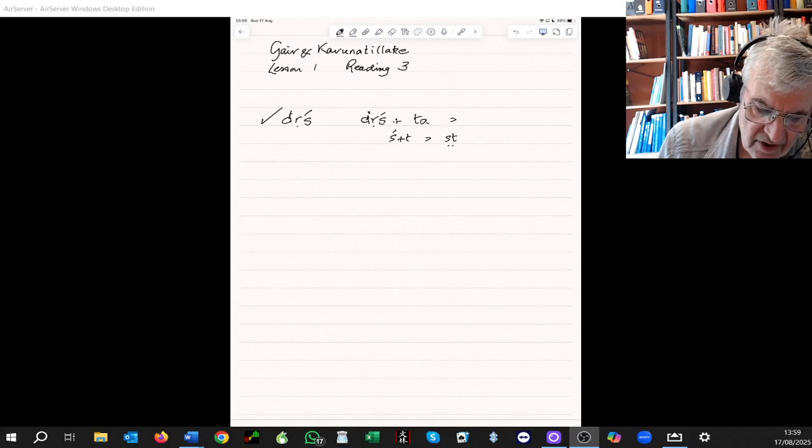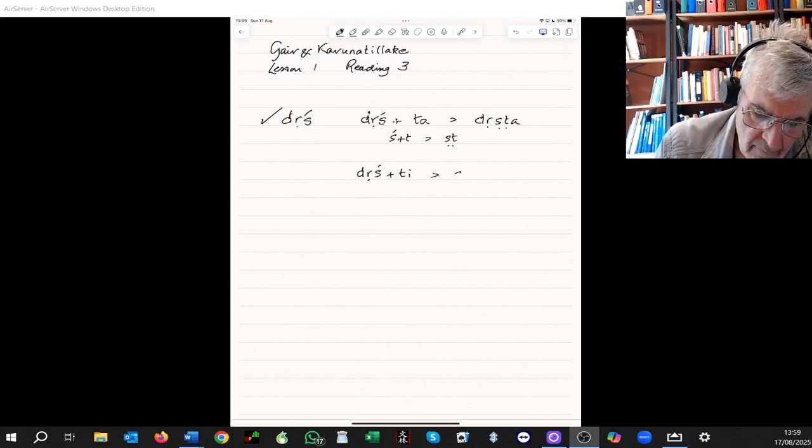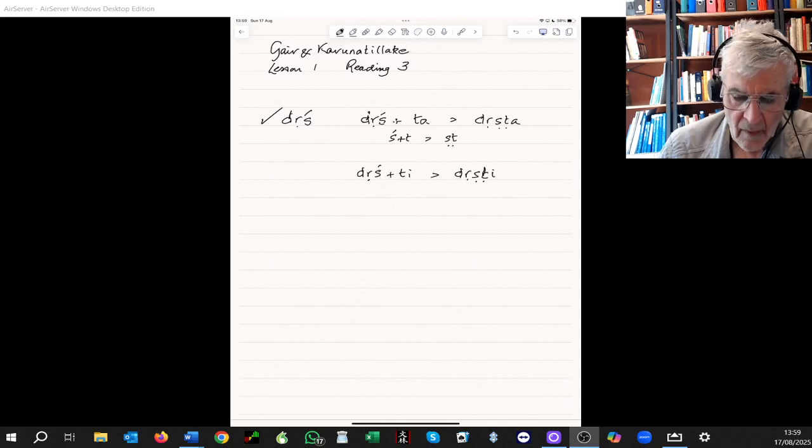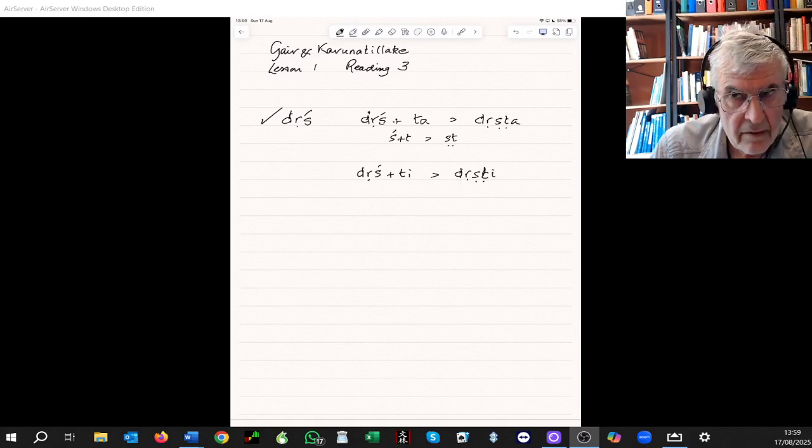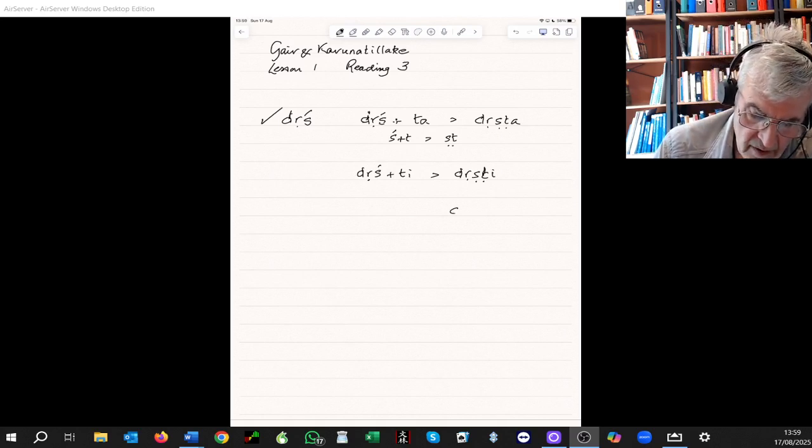That's where you get dṛśta becomes dṛṣṭa. And similarly, dṛś plus ti becomes in Sanskrit dṛṣṭi. And it's the Sanskrit dṛṣṭi that by regular phonetic mutation becomes diṭṭhi in Pali.